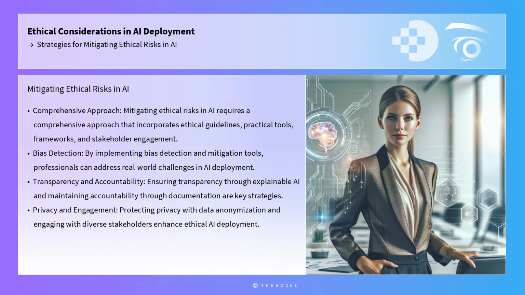These strategies, supported by frameworks such as the European Union's Ethics Guidelines for Trustworthy AI and tools like AI Fairness 360 and LIME, provide actionable insights for organizations to responsibly harness the power of AI while safeguarding ethical principles.